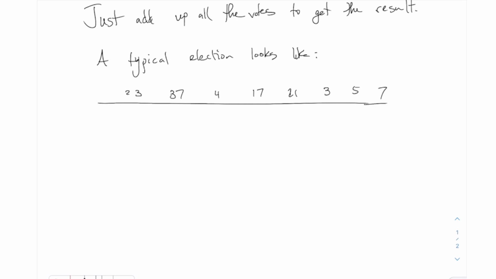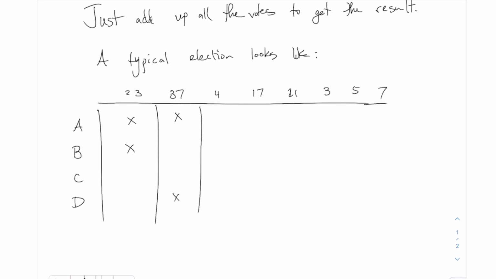But this time, what goes below is not an ordered ranking, but just which ones were approved. So I'm going to indicate this on a chart. I'm going to say 23 people said, I like A and B. 37 people said, I like A and D. This is what a typical approval election looks like.